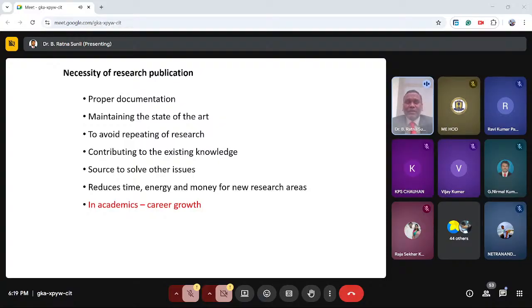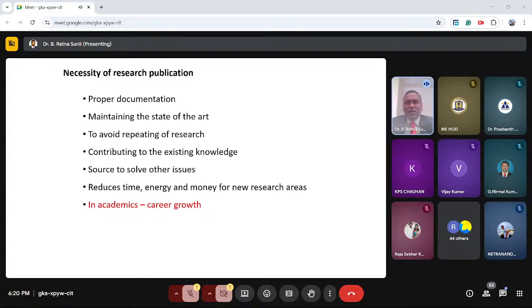They kept them as a secret to their families or their heirs. That is the reason why we see the loss of a lot of technical and scientific data from our ancient forefathers. That's why documentation is very important for the development of science and technology in any society. So the first important reason why we should publish is proper documentation.